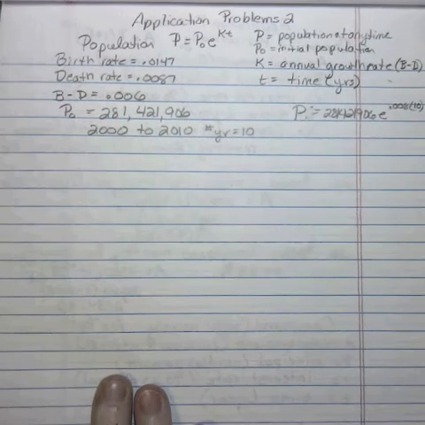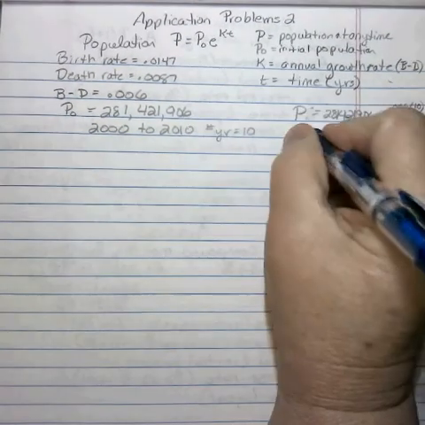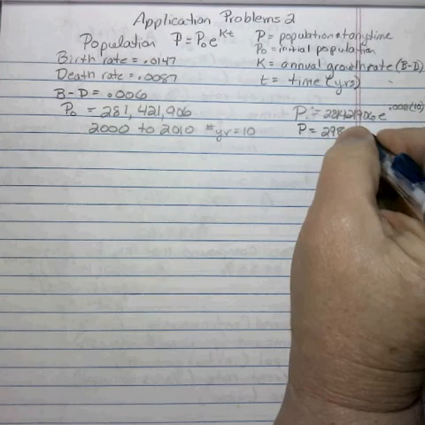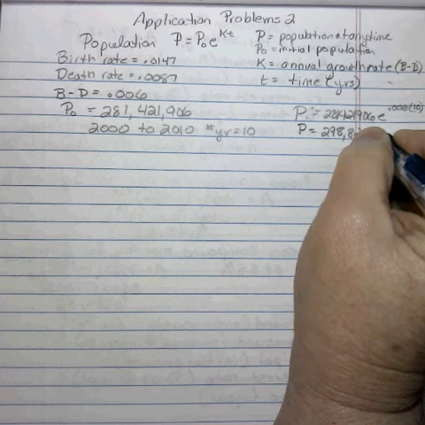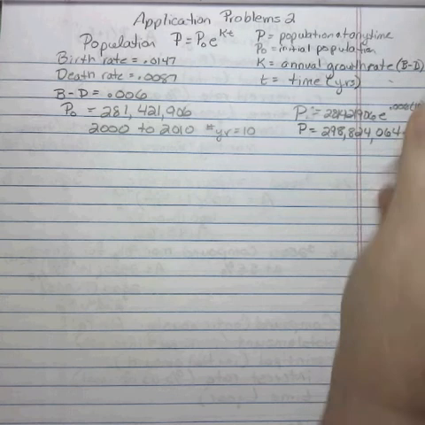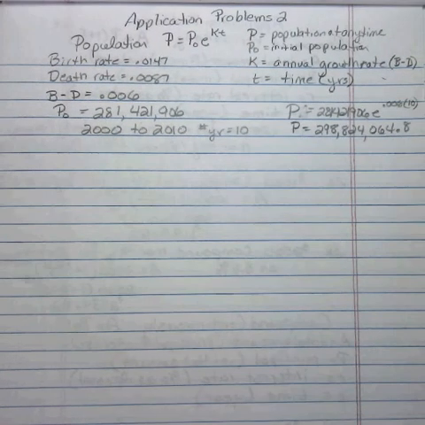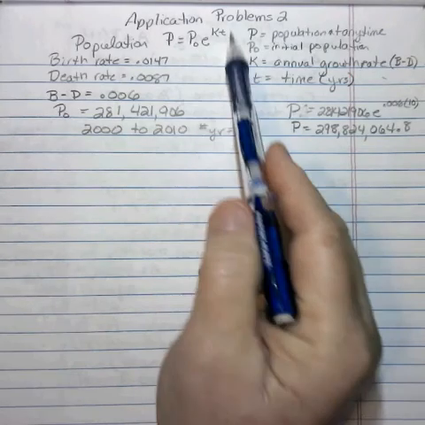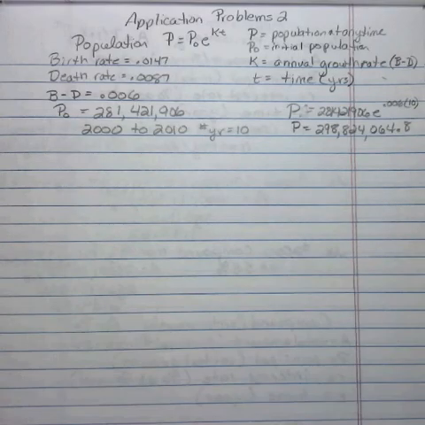And then we just put that information in our calculator and we find our population to be 298,824,064.8 to represent our population change. So that is just another sample of a variation of that PERT formula, where it's used with a population situation.